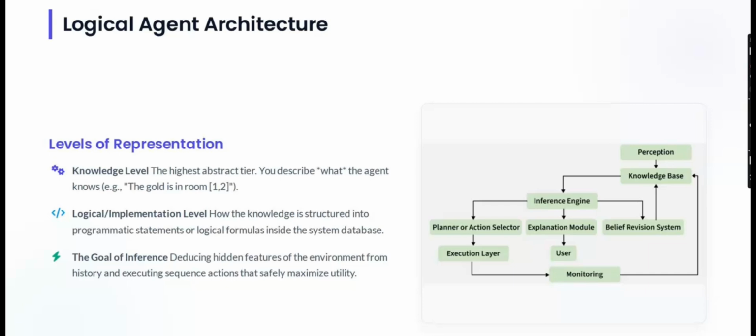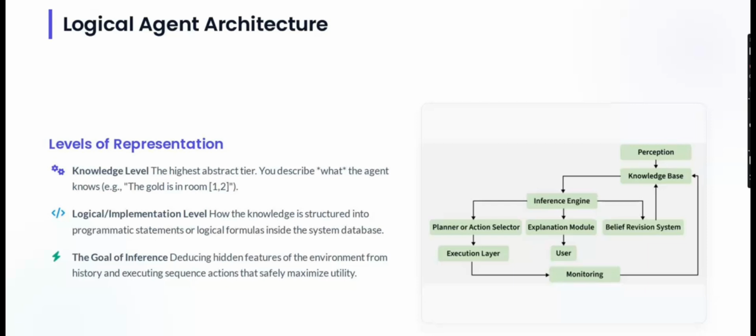Then we have the second level of representation, that is the implementation level. There it's just how the knowledge is structured into programmatic statements or logical formulas inside the system database. The third is the goal of inference. It means deducing hidden features of the environment from history and executing sequence actions that safely maximize utility.